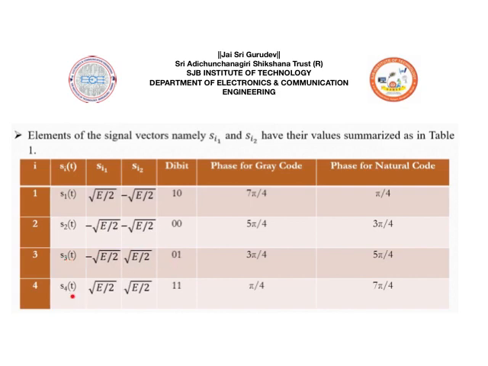Now coming to s4(t), square root of E by 2, square root of E by 2, so it is 1 1. The dibit corresponding to s4(t) is 1 1.